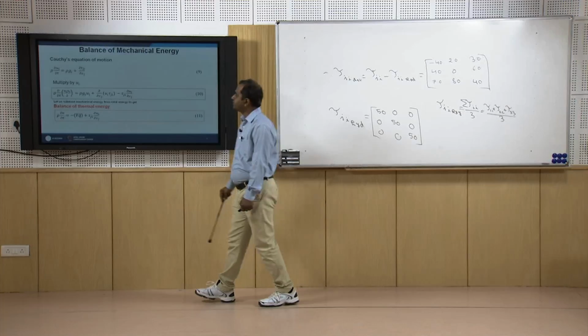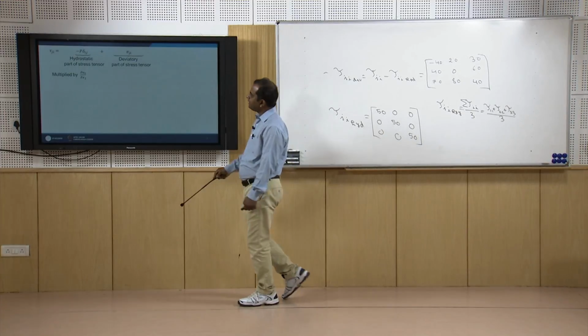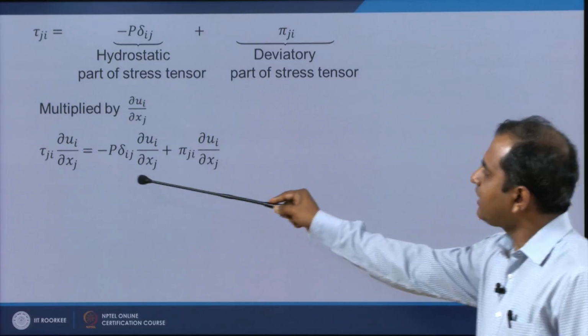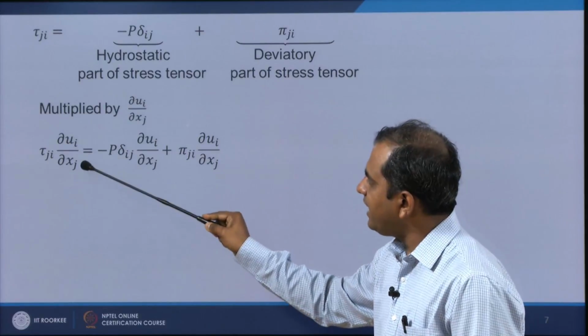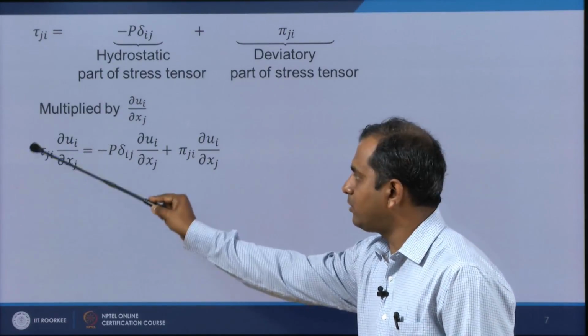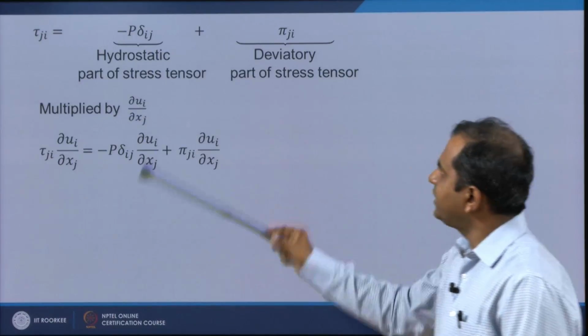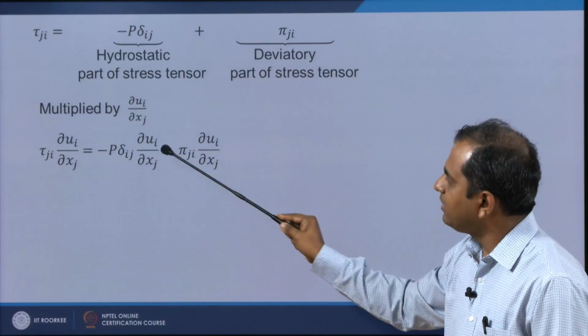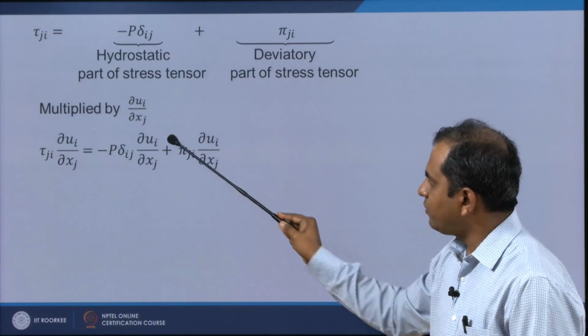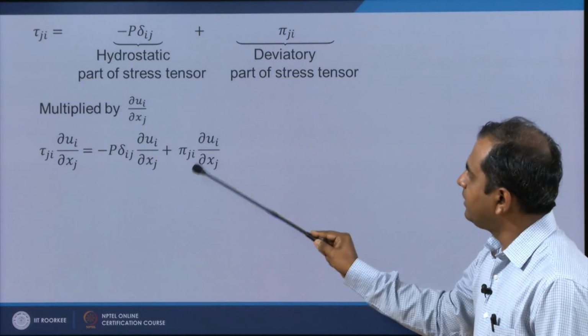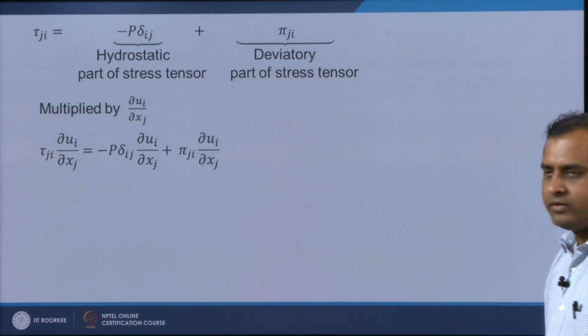So, let us see what this term is. If I multiply this, I will be getting tau ji into del xj of ui, which is the last term of my thermal energy balance equation, becoming the hydrostatic part multiplied by del xj of ui plus the deviatoric part multiplied by del xj of ui.